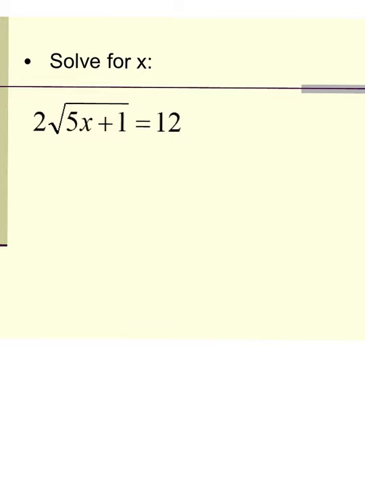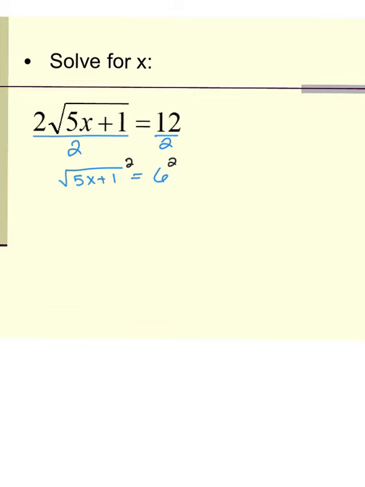If I look at number 2, the first thing I notice is the radical sign is not by itself. I have to get rid of this 2. Since that says 2 times the square root, the opposite of times is divide. So now I have the square root of 5x plus 1 equals 6. The opposite of taking the square root is to square it.